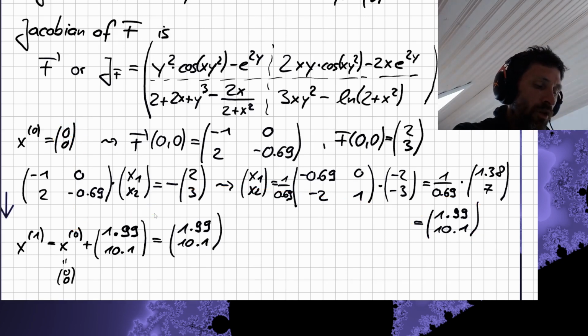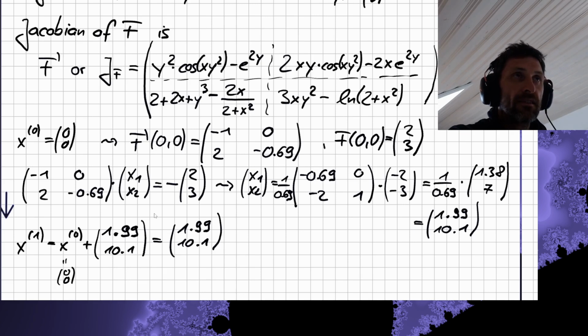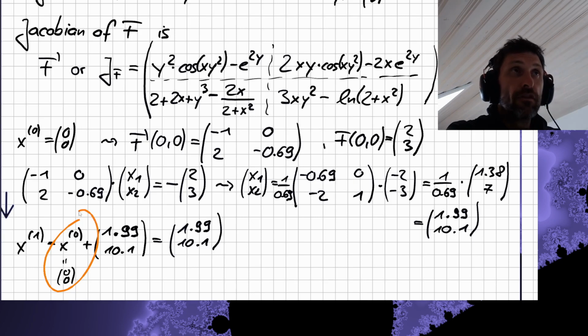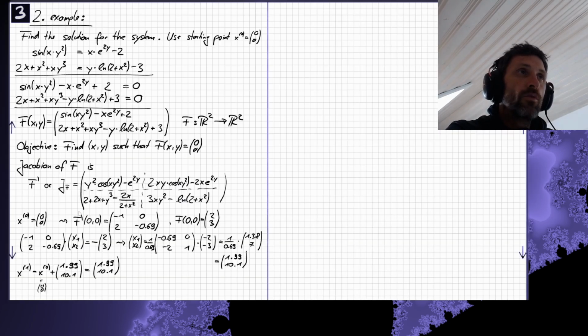We get 1.99 and 10.1 in the second coordinate. Please don't forget that. In this case, if you forget, it doesn't matter, but the next time it will matter. Okay, so this is our second example, and I hope you were able to do every step by yourself.